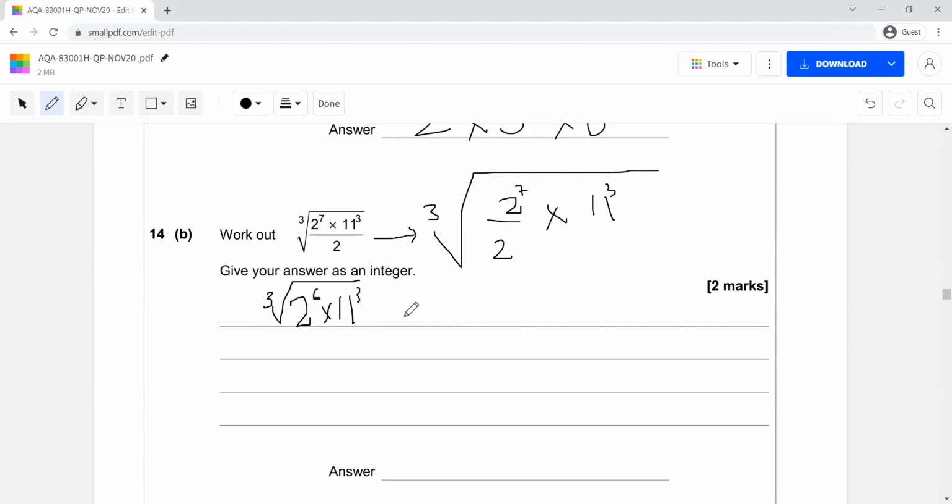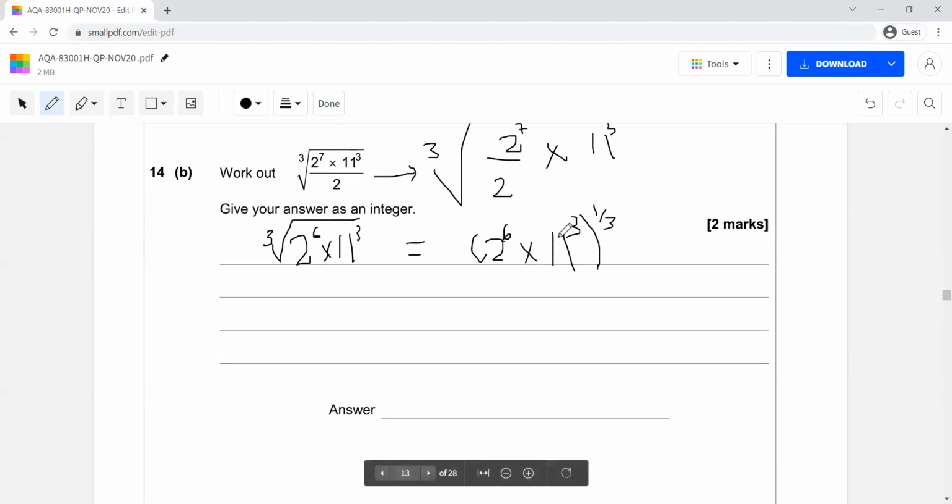Now, this is the same as 2 to the power of 6 times 11 cubed, all to the power of 1/3. Okay, now when we're working with powers on the outside and powers on the inside, you multiply the powers.